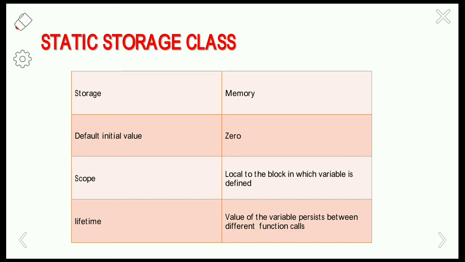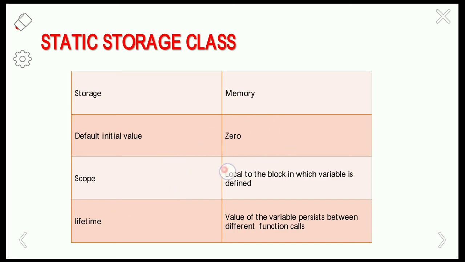Here we have two types of memory management techniques, that is, storing the particular variable in memory or storing the variable in a register. Except in the register storage class, in the remaining storage classes like static, automatic and external, the variable will be stored in memory and the default initial value is 0.